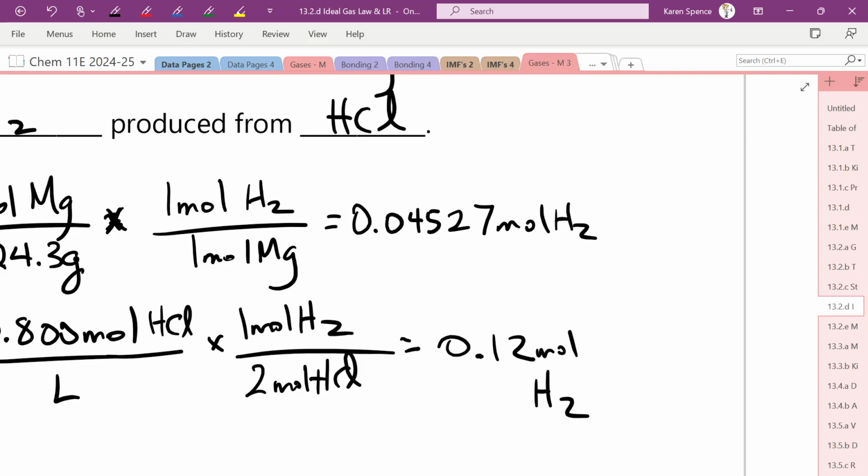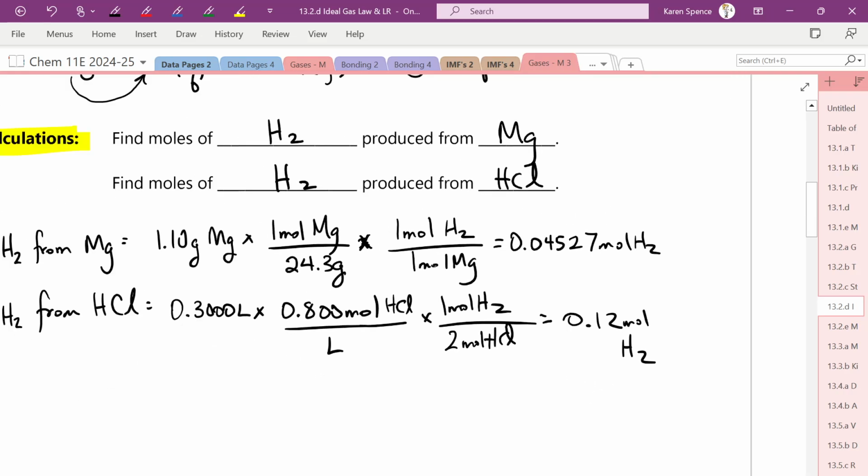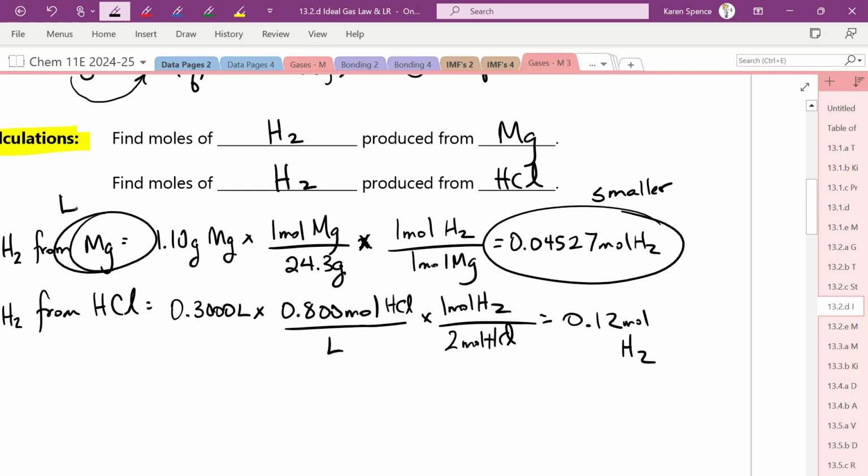Okay, all right. Any questions about how we got these numbers? All right, who is our limiting reactant then? Mg, because this is the smaller amount. So that means Mg is our limiting reactant.